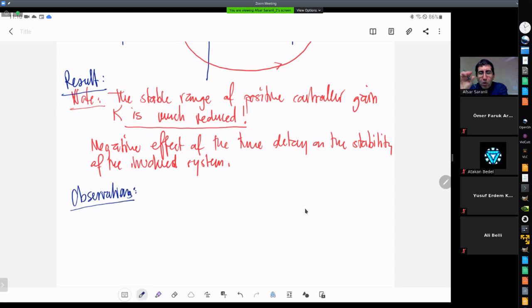And also you can have multiple physical effects for the delay, but because they will each introduce an exponential function, when you multiply all the exponential functions together, the exponents would be added together. So all the delays would be added together. Okay? So let me put that observation.